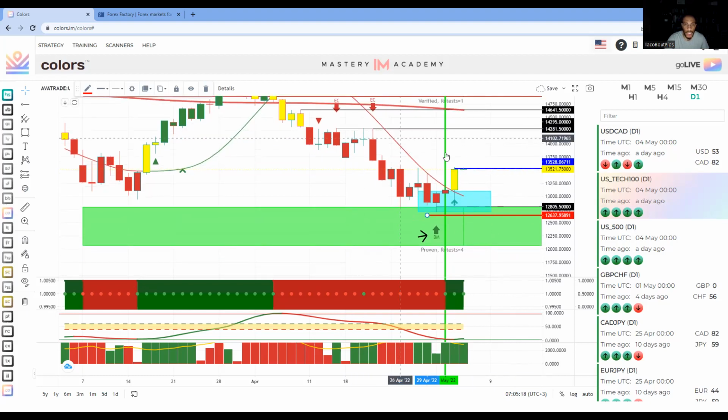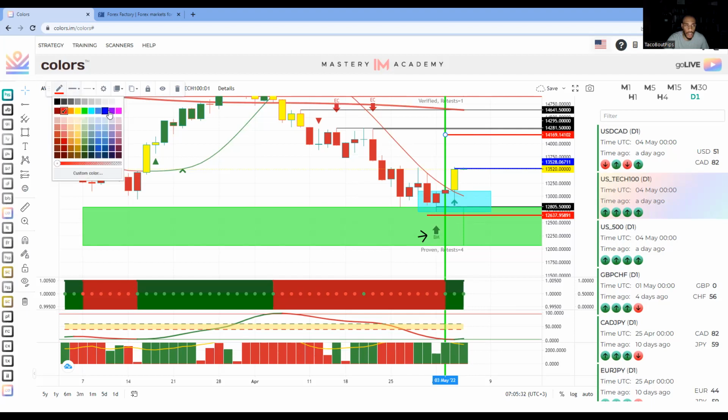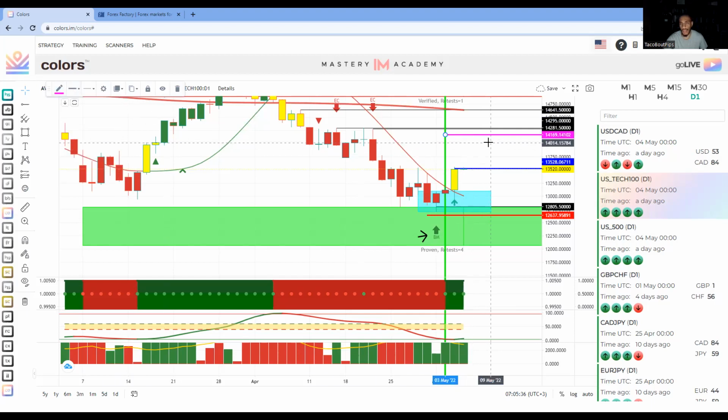And then my first take profit, I'm going to have below these levels of structure right here. Okay. I'm actually going to change the color. So it's at 14,169. So I'm going to do it at 14,160.